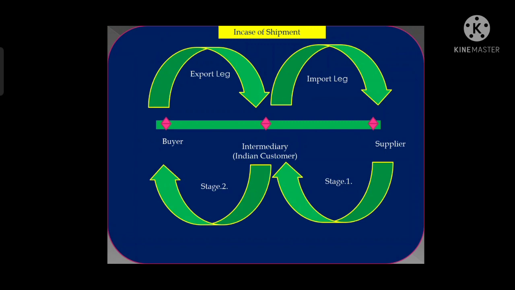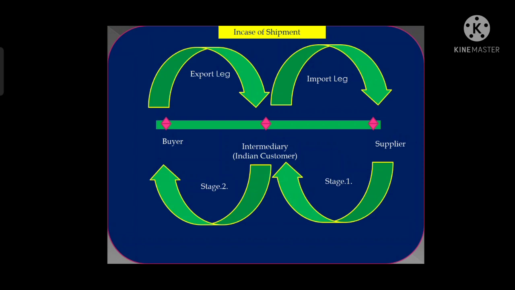In case of shipment, what actually happens? Which will be stage 1 and which will be stage 2, meaning what will happen first and what will happen later? In case of shipment, the owner of the goods, the overseas supplier, is in possession of those goods, meaning it is the seller of those goods. So when it ships the goods to the intermediary, then only can the intermediary ship those goods to the buyer.